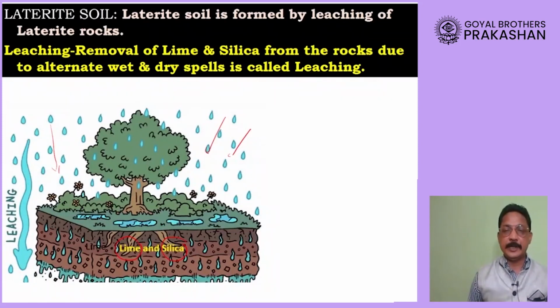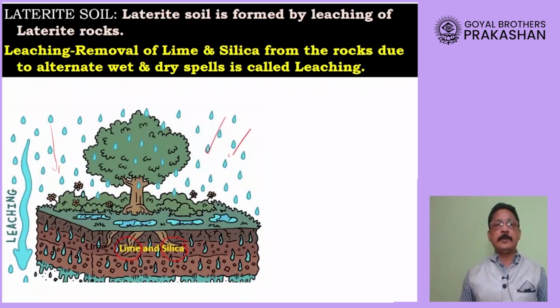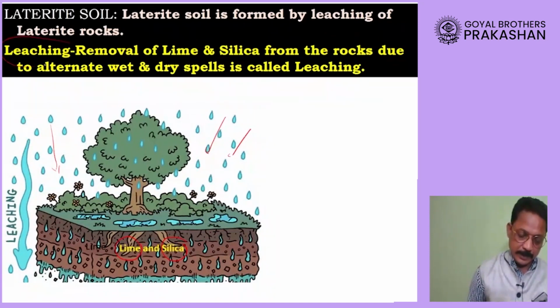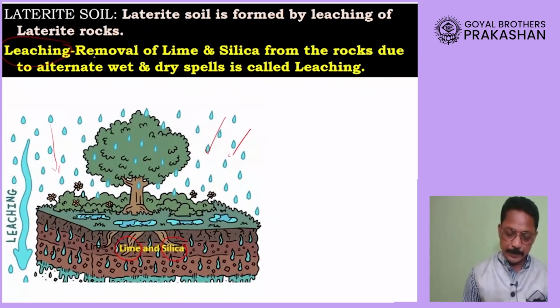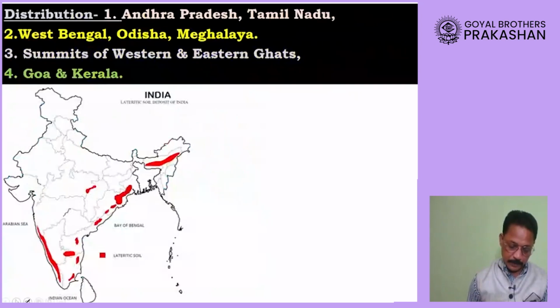This process in which lime and silica get removed from the soil is called leaching. Okay, remember this word, leaching. Leaching is a process of what? Removal of what? Lime and silica from the soil.